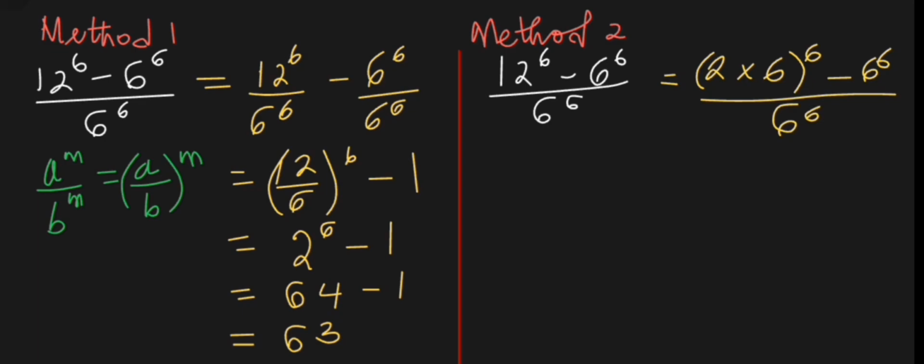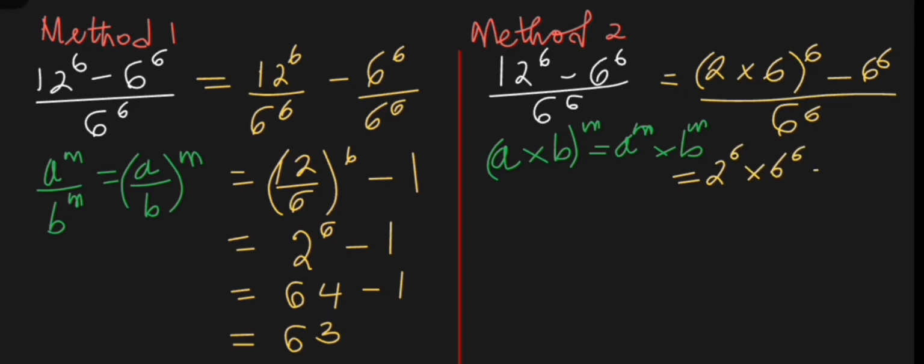Also note that when we have the power of a product, a times b to the power of m, this is the product of the individual powers, a to the power of m times b to the power of m. Hence, the fraction becomes 2 to the power of 6 times 6 to the power of 6 minus 6 to the power of 6 over 6 to the power of 6.